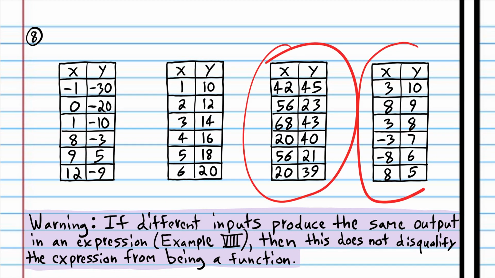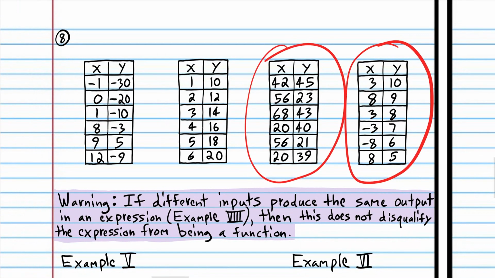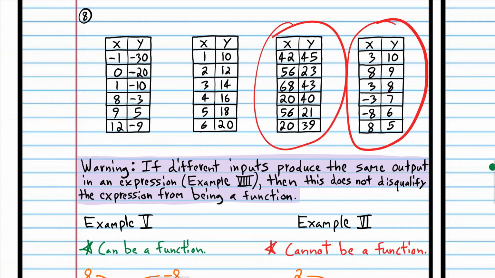And here we have 3 repeated, so that does not qualify. We also have 8 repeated. I didn't see 56 also. 56 is repeated. But all we need is 1 repeated number in the X column, and that disqualifies the table as a function.